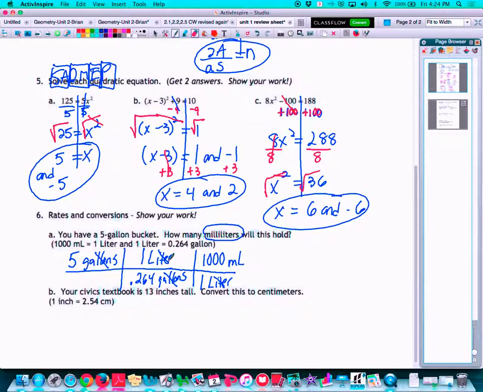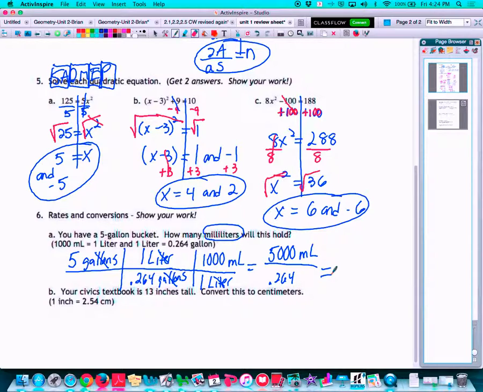Liters cancels out. Now we have milliliters for our unit, so now we can just go ahead and do our math, which means that we multiply across the top. 5 times 1 times 1,000 is 5,000 milliliters, and we multiply across on the bottom. 0.264 times 1 is 0.264, 264 thousandths.